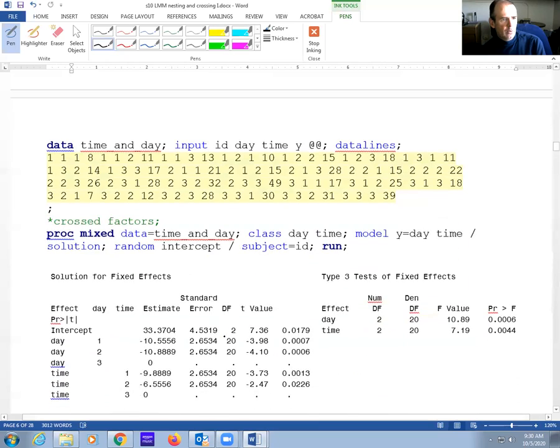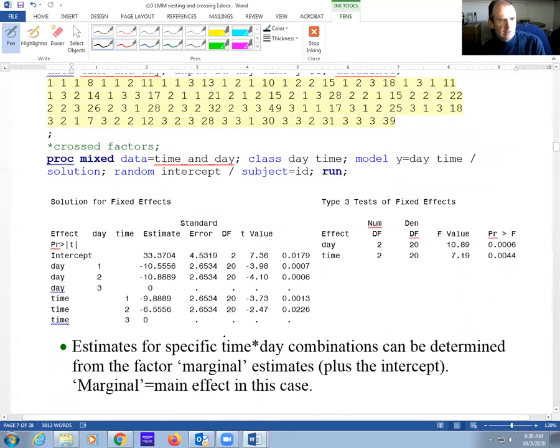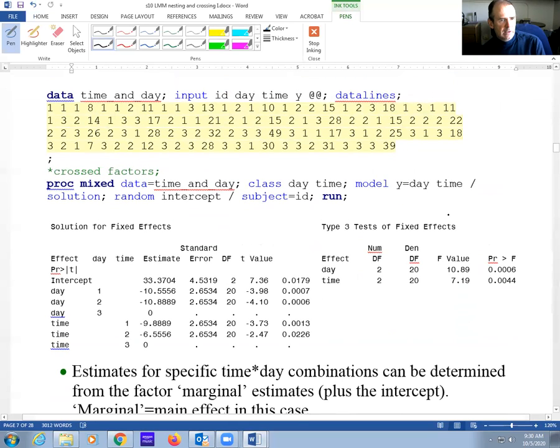So if we can consider them as crossed factors, then we can write the model this way. Okay, and again, we're considering that grid essentially, and you could also add in the interaction. And we commonly do that in our models. We have day, time, day by time.